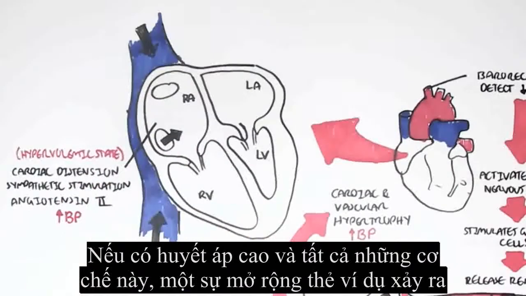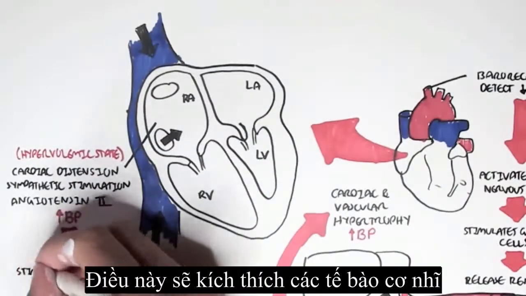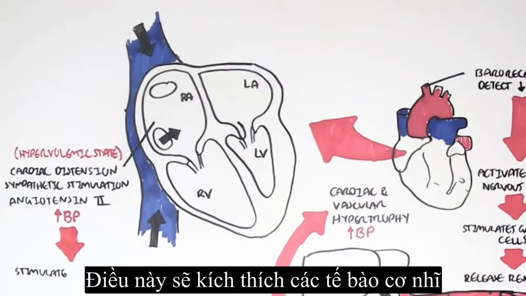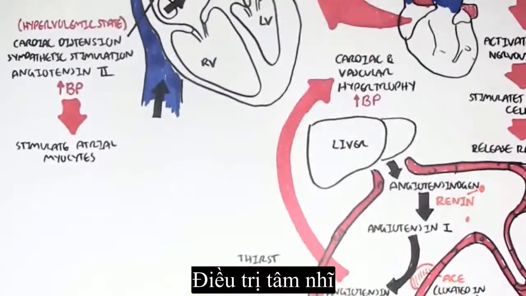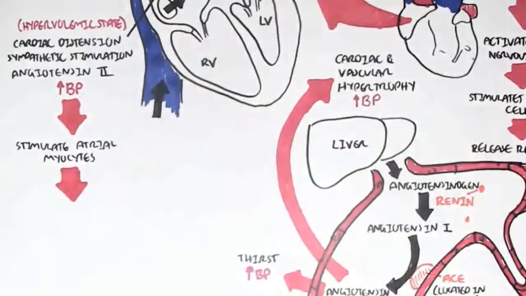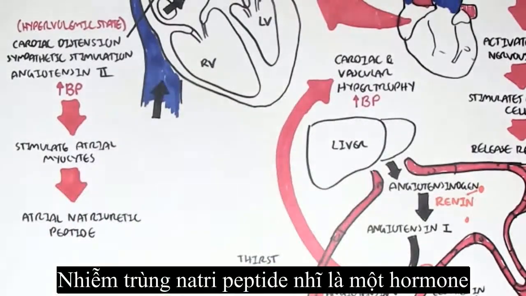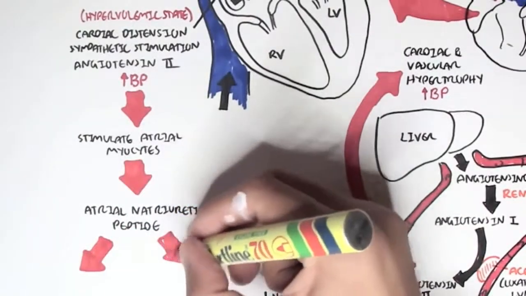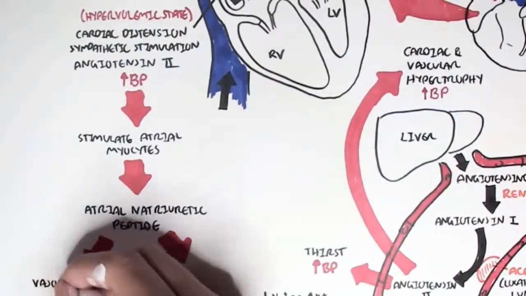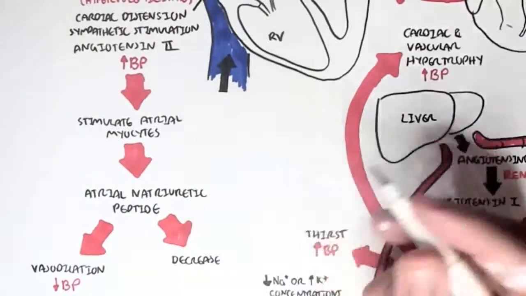If there is high blood pressure and all these mechanisms, cardiac distension for example, occur, this will stimulate the atrial myocytes to secrete atrial natriuretic peptide. Atrial natriuretic peptide is a hormone and causes vasodilation, which decreases blood pressure, but also it inhibits the release of renin and therefore the production of angiotensin 2.